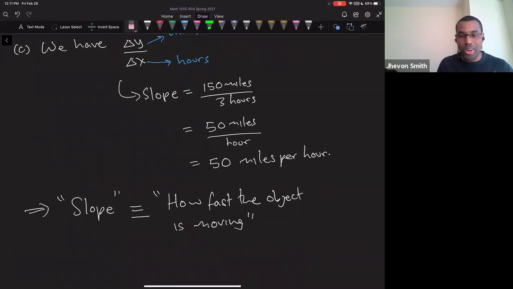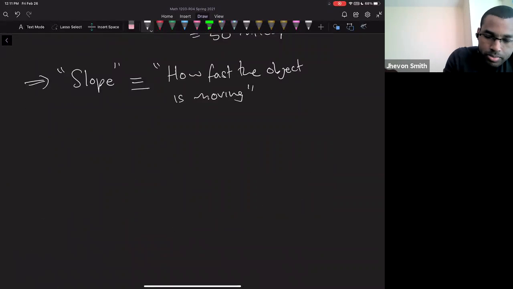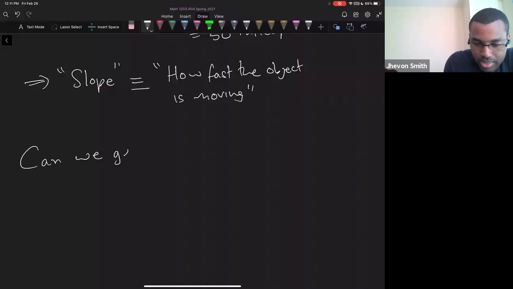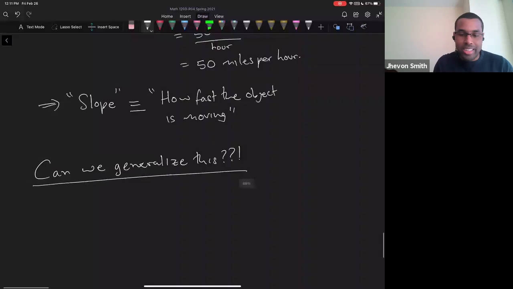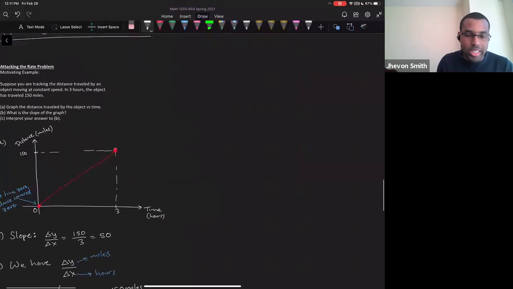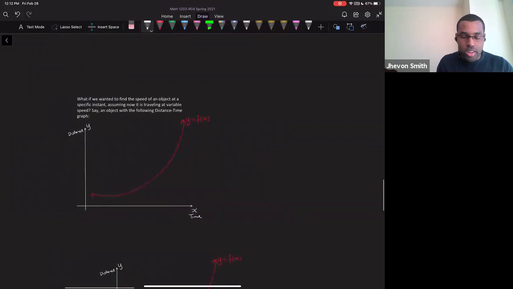Okay, so now the question is, can we generalize this? Which is always the question that math people ask. How can I get this knowledge that I know about to apply to a broader situation?